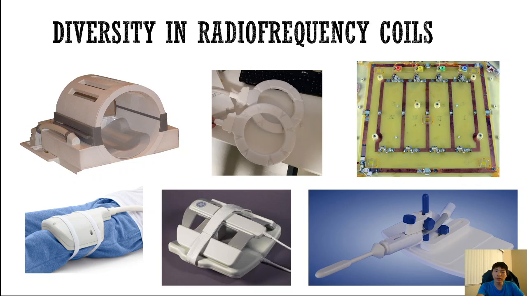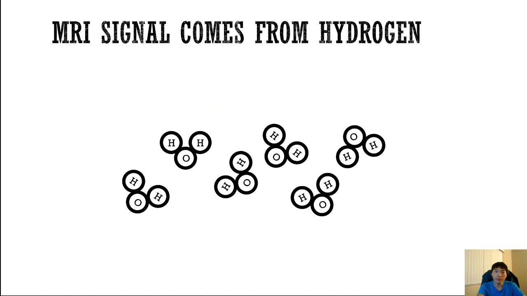So how does signal acquisition work? We use radio frequency coils, but how do we use them? MRI signal comes from hydrogen, in particular the nucleus of the hydrogen. And we have a lot of hydrogen in our body because we're mostly made of water, and each molecule of water has 2 atoms of hydrogen.